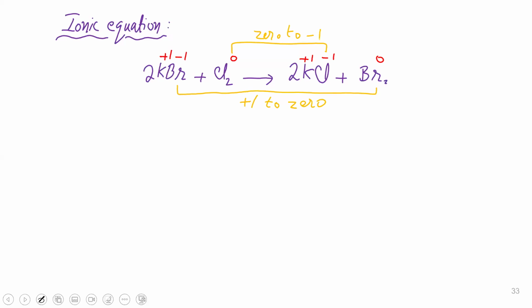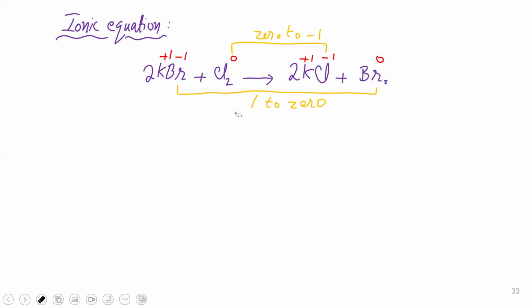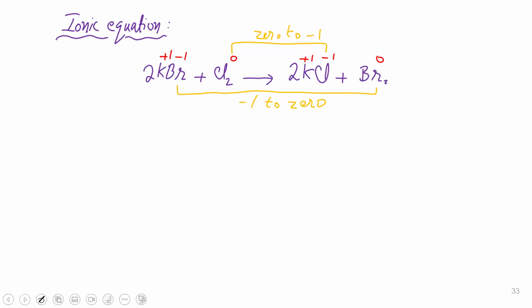So it means bromine is losing electron. Bromine is losing electron and becoming a neutral atom, while chlorine is gaining electron.